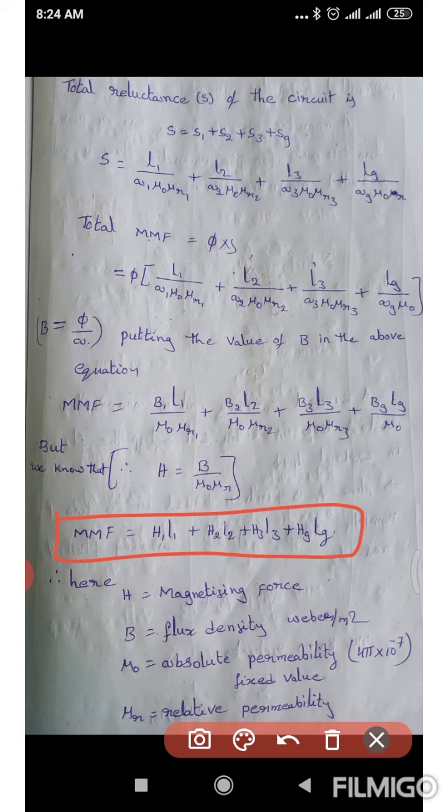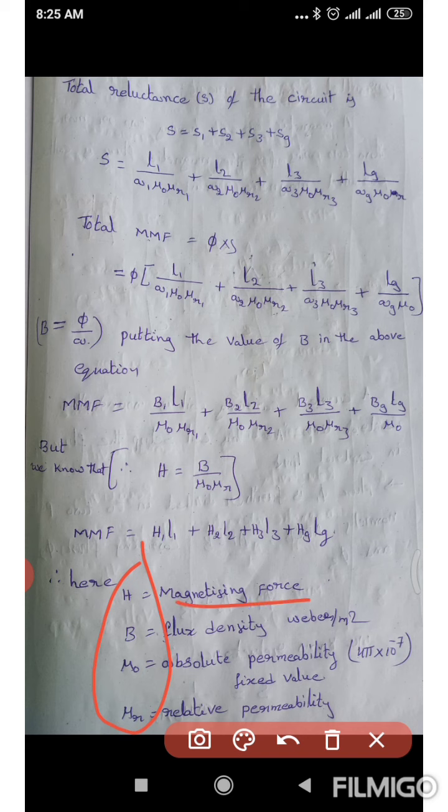Next, let us see. We have to know all these terms, where H is the magnetic force or magnetic intensity, B is the flux density, and mu naught is the absolute permeability. It is a fixed value, that is 4 pi into 10 to the power of minus 7. This value you have to remember for calculations.